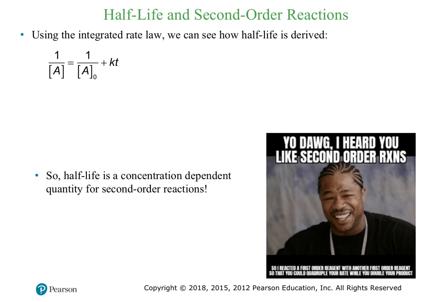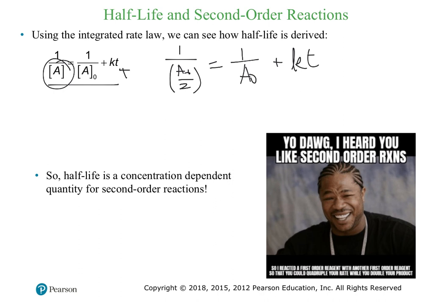For the second order, to get the half-life, we're going to do the same thing. We're going to take our rate law, and we're going to find the time where our concentration has reached half of where we started. So what we get is 1 over our initial concentration divided by 2 equals 1 over our initial concentration plus kt 1/2. What happens here is the 2 is going to flip up, and then we're going to move this one over here by subtracting.